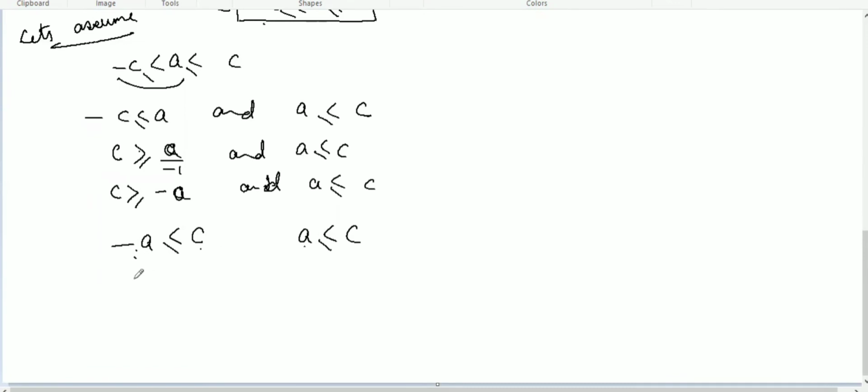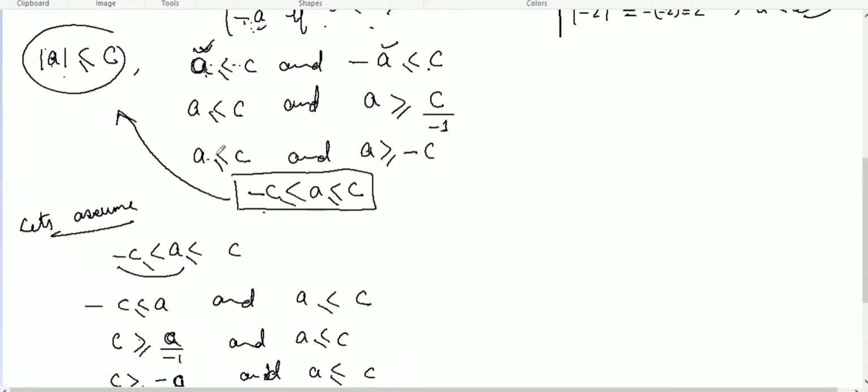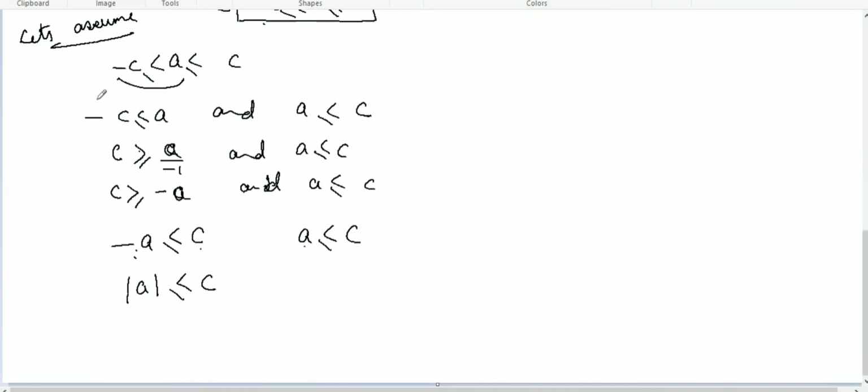So what you can observe from here is that the absolute value of A will be less than or equal to C. So we just proved the converse as well. So this is the proof of the first part of the properties of absolute value of real numbers.